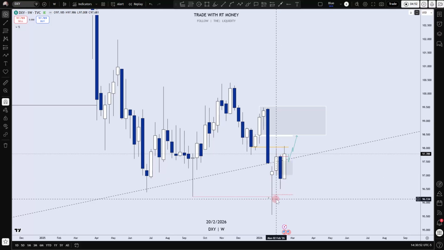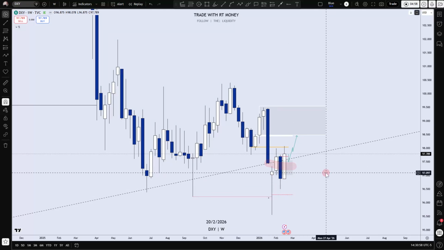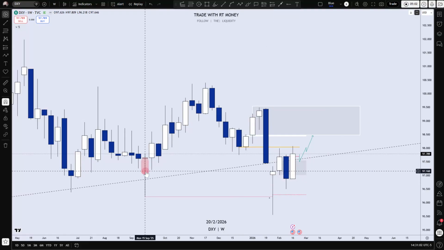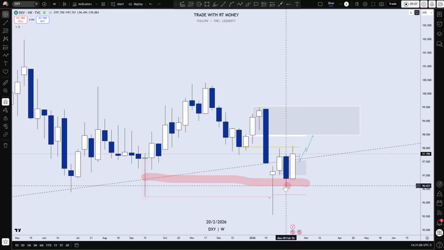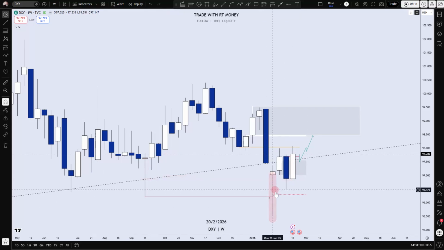The week of January 26th. And we've been moving sideways since then. But it is like I showed you. It did not close past the 50% of this big wick over here, and we did not get a close below the 50% of the wick it left during this week.